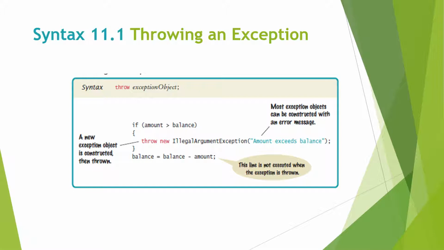If this exceptional condition doesn't happen, then you subtract from the balance the amount that is going to be withdrawn from the bank account.